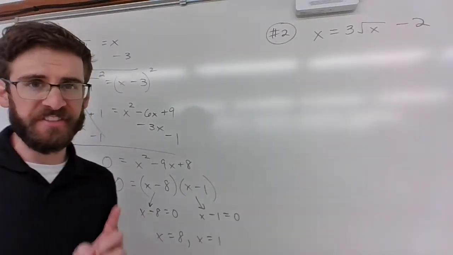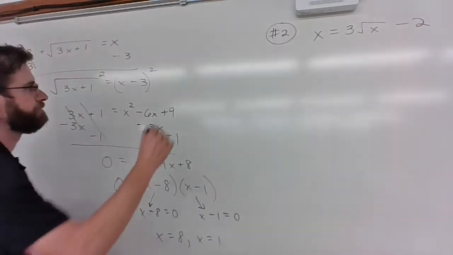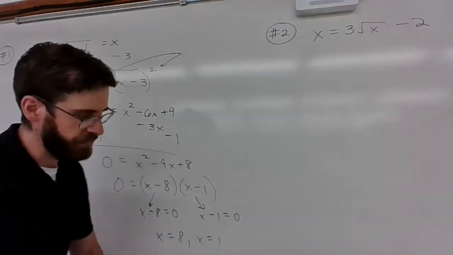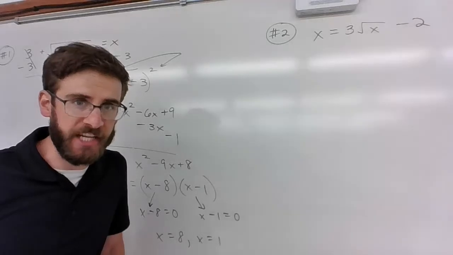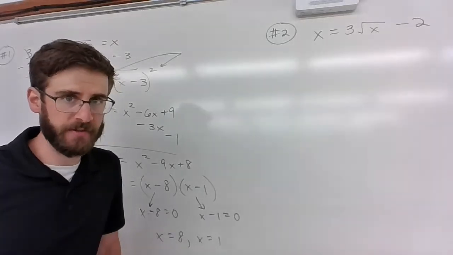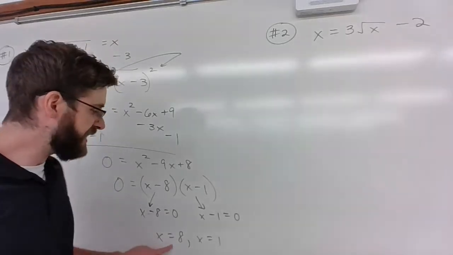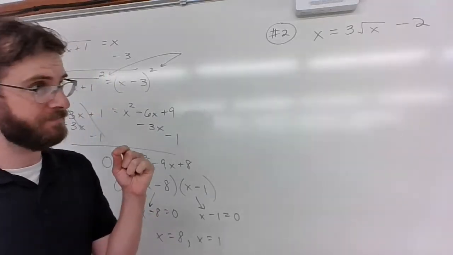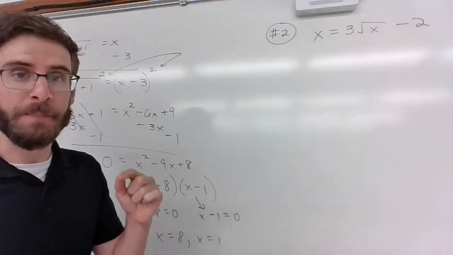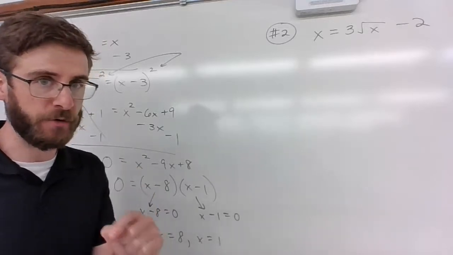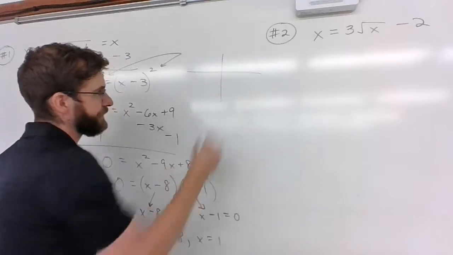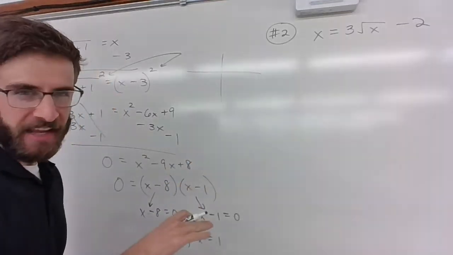Now here's an interesting thing that happens. Whenever you square an equation, you're actually fundamentally changing everything about it, which means that these answers are vulnerable to potentially being extraneous. I don't know if you guys have heard that word before, but let me just explain that a little bit.